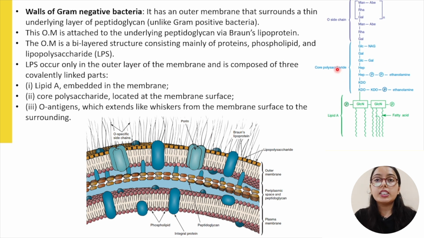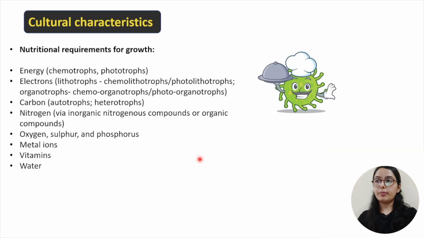Then there is another polysaccharide chain called the O side chain, which acts in the form of whiskers. Now coming to the next topic, the culture characteristics required for the growth of bacteria.